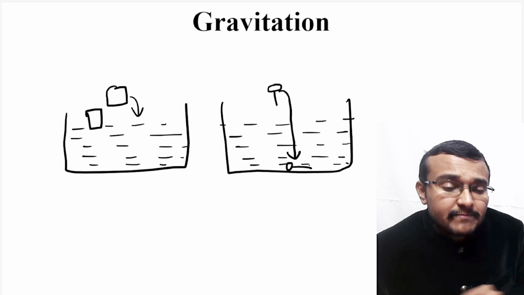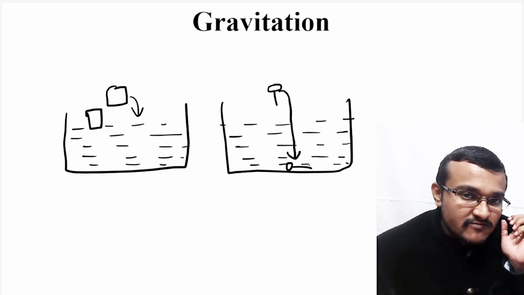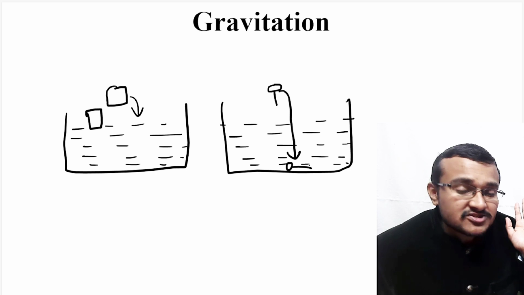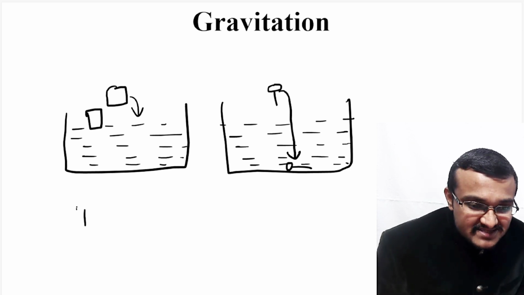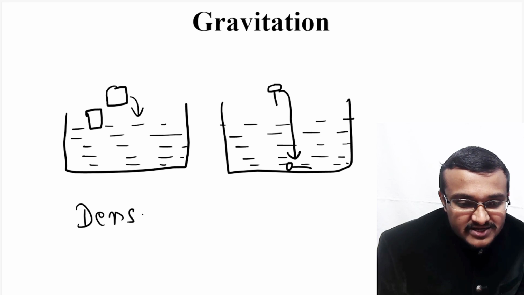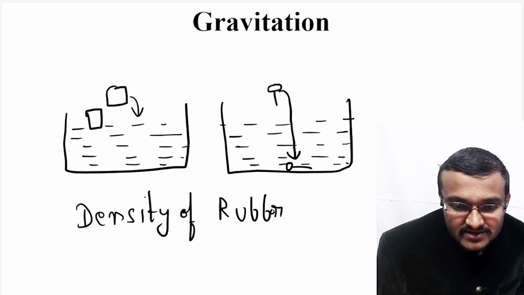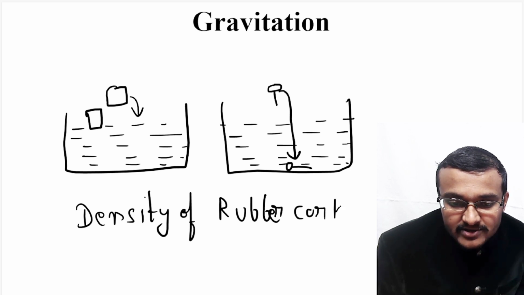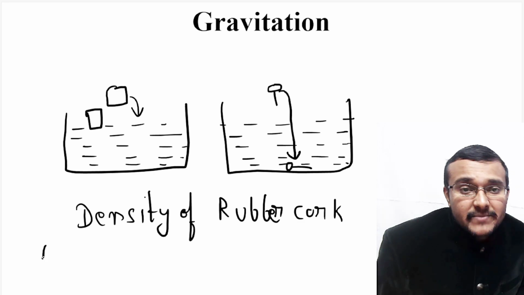But here the rubber cork was unable to overcome the upthrust of water and it remained on the surface of the water itself. This is because the density of the rubber cork is less than the density of water.